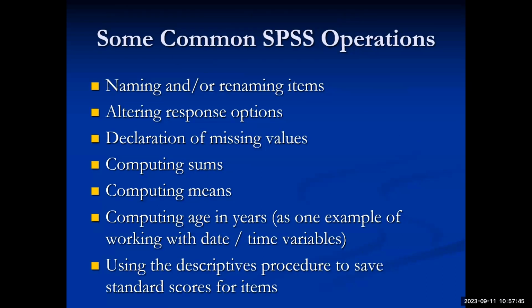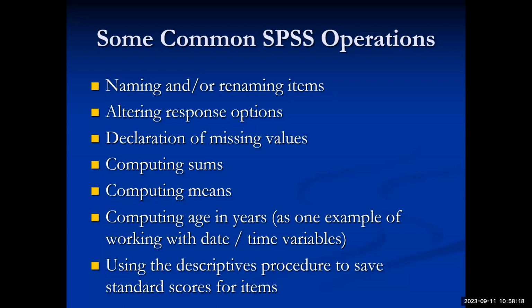So next, I want to talk about a couple of operations. We've already talked about naming, and we've talked about coming up with a way to code response options. And now I'm going to talk about those procedures and also some additional procedures like declaration of missing values, computing sums, means, age, but I'm going to embed that discussion in the context of SPSS software.